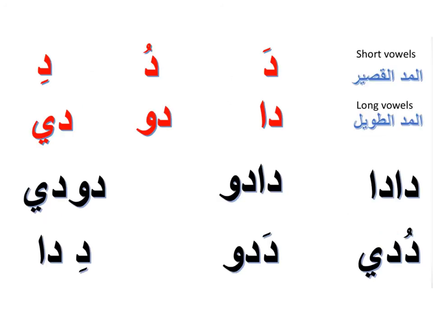Last exercise for the letter da, we are going to put the letter da with the vowels together to read words. They don't have any meanings, but it will help us to practice reading. Da, du, di. Now, can you try to read this word by yourself? Well done. Da, da.